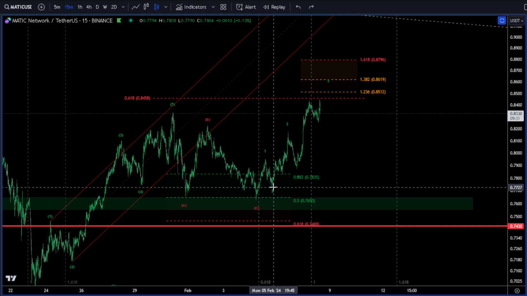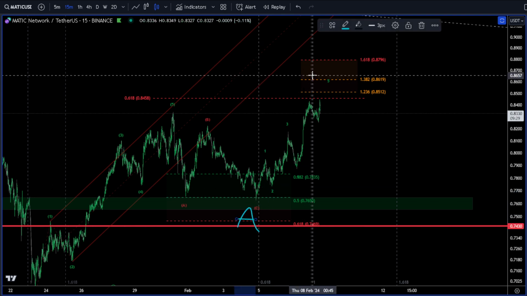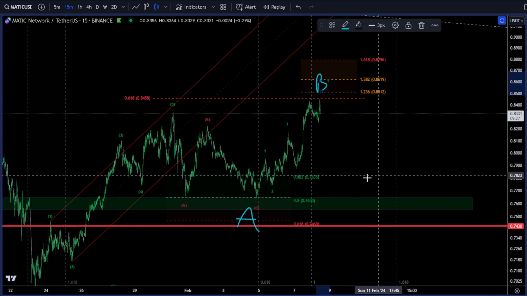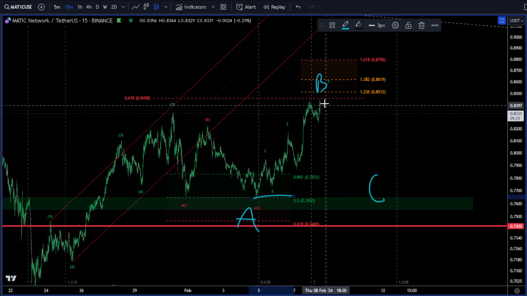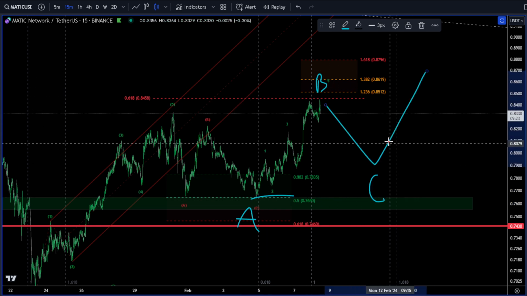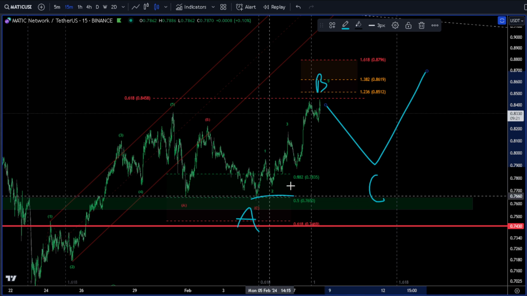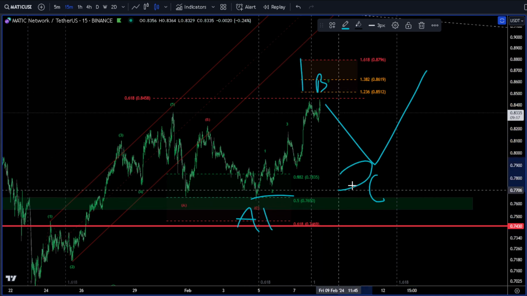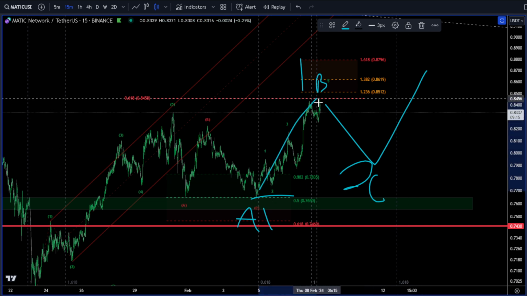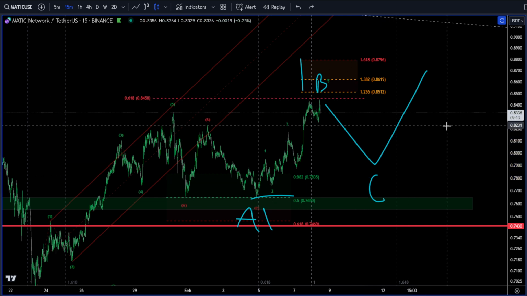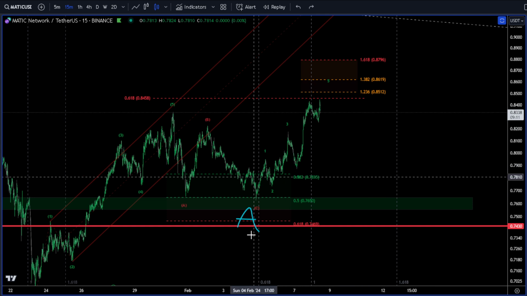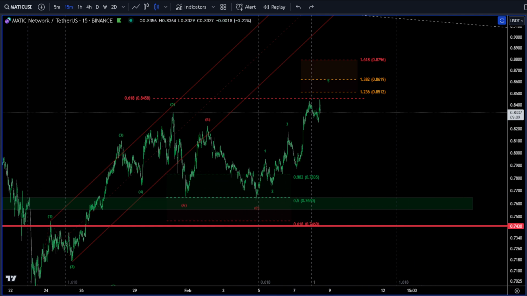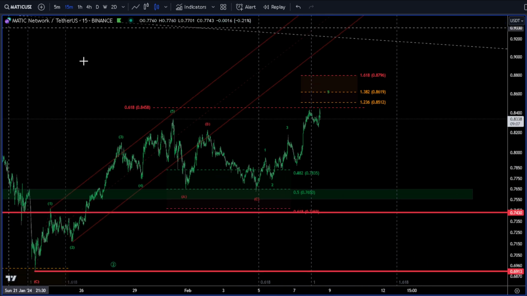So if this is an A, B, C coming down, again, we should defend this low, come down, take off. Or if it's a 1, 2, we should defend this low also. A 1, 2, right?